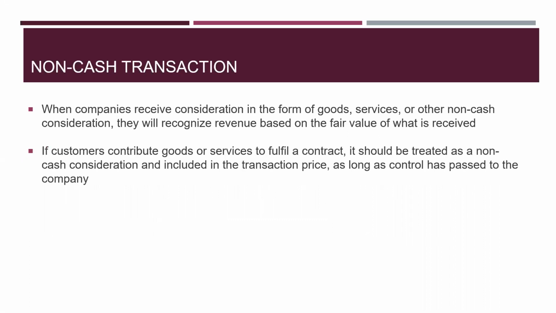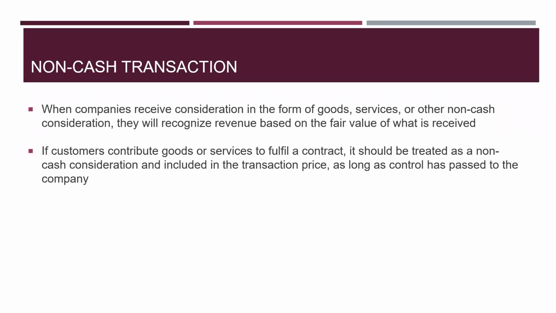Sometimes you might end up seeing non-cash transactions, which are also called barter transactions. When companies receive consideration in the form of goods or services, or any other non-cash consideration, they will recognize revenue based on the fair value of what is received, not what's given up.